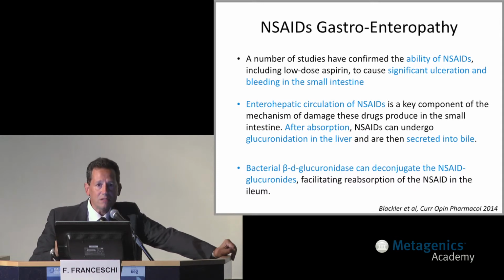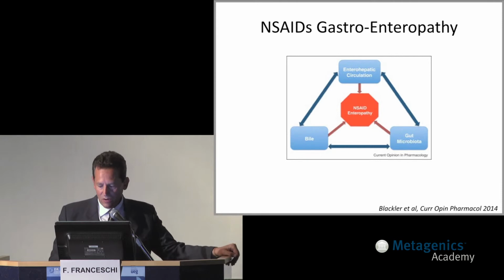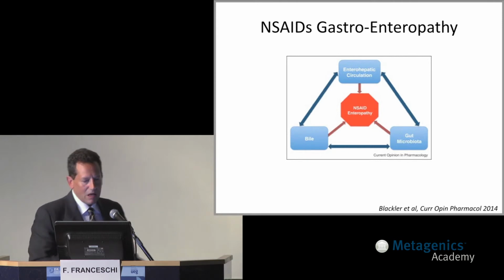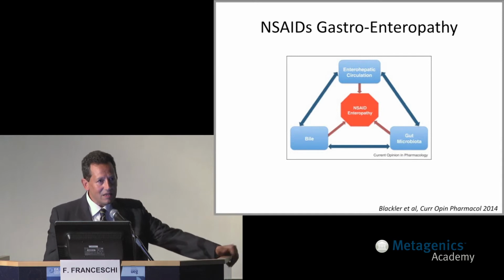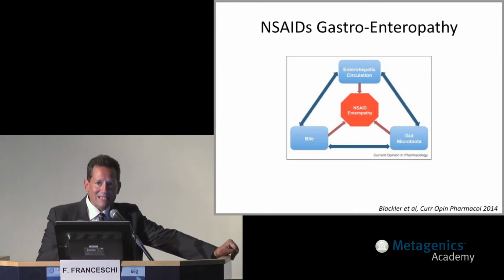And what is interesting is that beta-glucuronidase is processed by bacteria, so by the gut microbiota. It's a specific effect of gut microbiota on NSAIDs. So here you can see how it works. After you administer NSAIDs, the first damage to the intestine is from the absorption of NSAIDs.